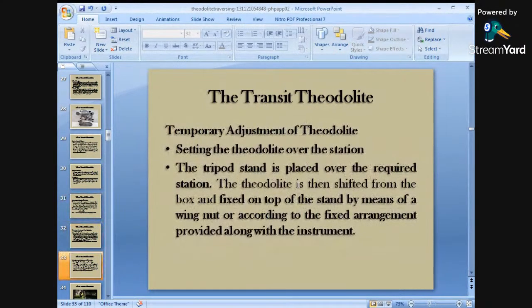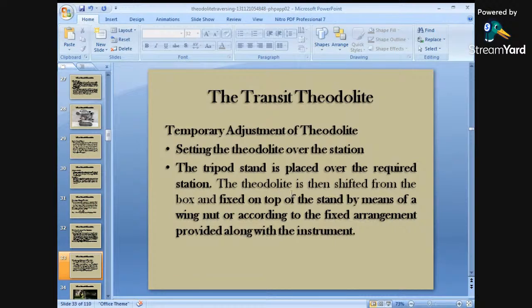After that, the temporary adjustment of the theodolite. How will you perform the temporary adjustment of the theodolite? Basically, for setting the theodolite over the station, the tripod stand is placed over the required station. At the point where you have to fix your theodolite, you have to open the tripod stand.